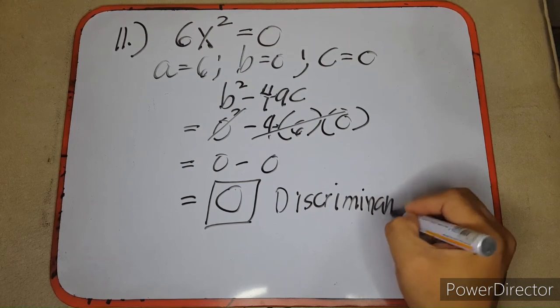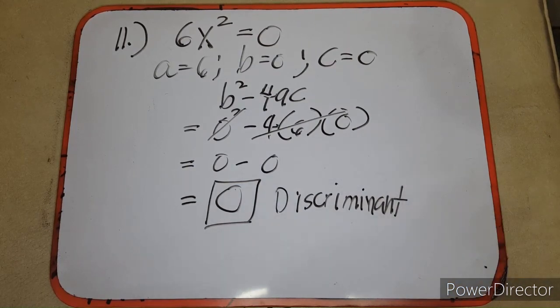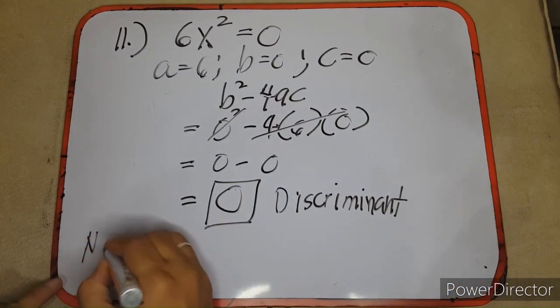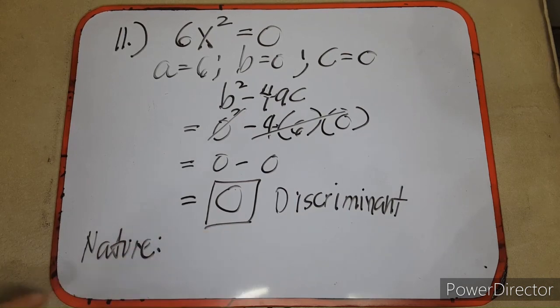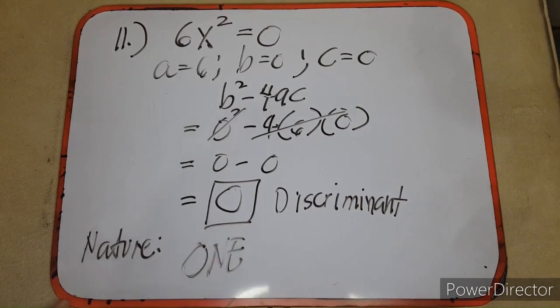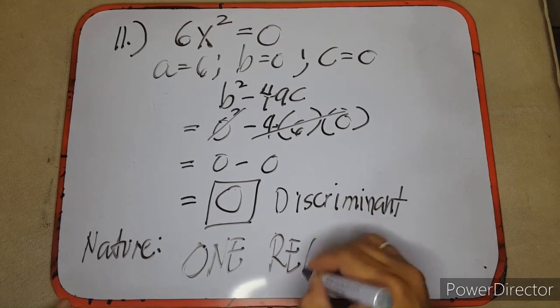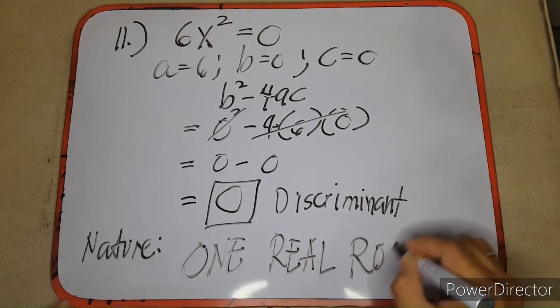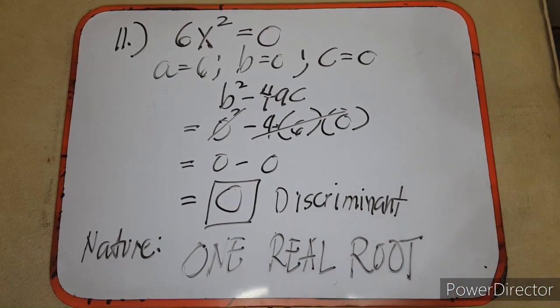So if your discriminant is 0, according to the things that we have to remember, we can identify now its nature of the roots. According to it, if your discriminant is 0, then the nature is 1 real root. So ibig sabihin, if we are going to answer the given quadratic equation, we come up with an answer which is the same number.